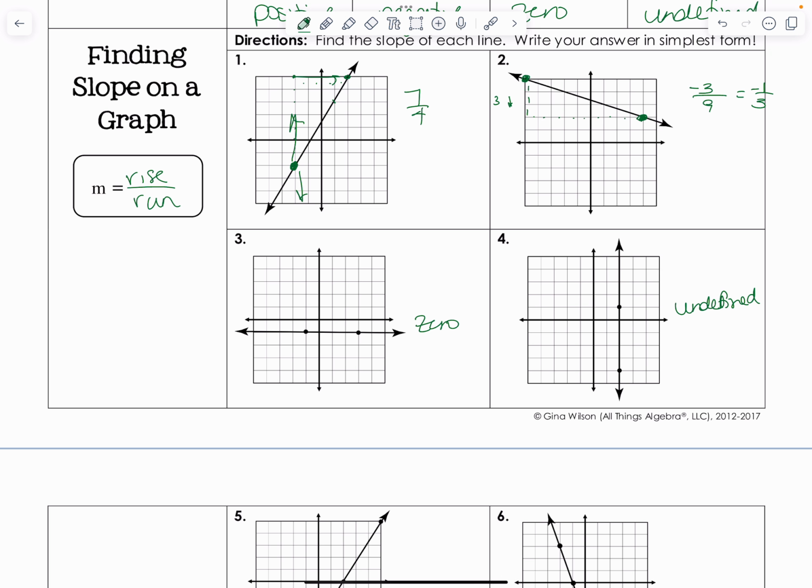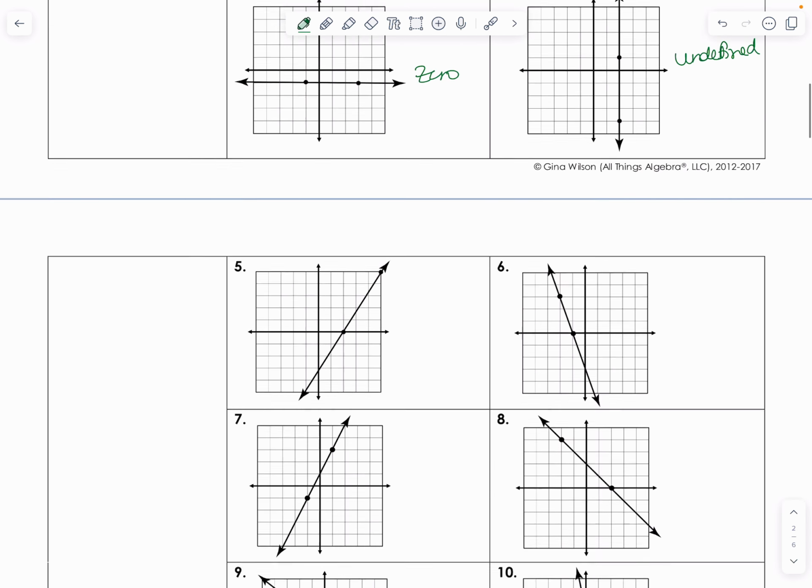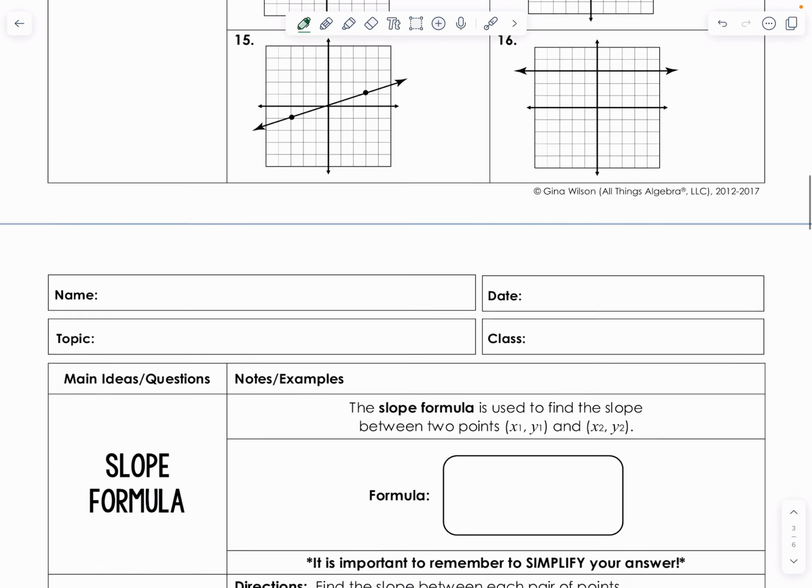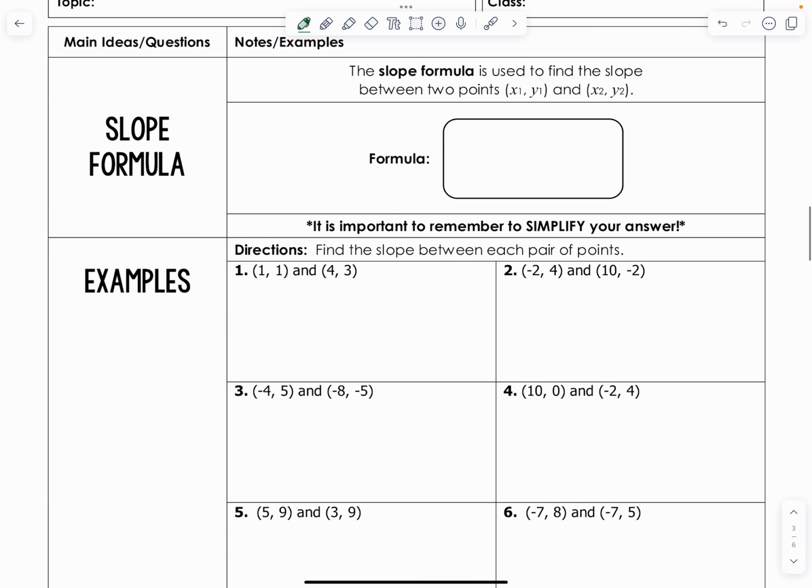These were the examples that we did in class. They're all basically the same. I'm going to skip all these because that's basically one example of every single one that we did in class. Then we did some slope formula here, m is equal to y2 minus y1 over x2 minus x1.